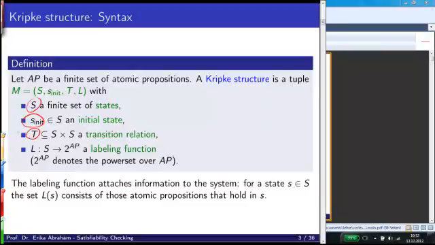As I mentioned, it can also be labeled. I skipped the labels. And we have this labeling function where we assign to each state a set of atomic propositions. Now, how do we interpret this set of atomic propositions? Those atomic propositions which are in the set hold, and those which are not do not hold. That means I do not assign negated properties to the state.